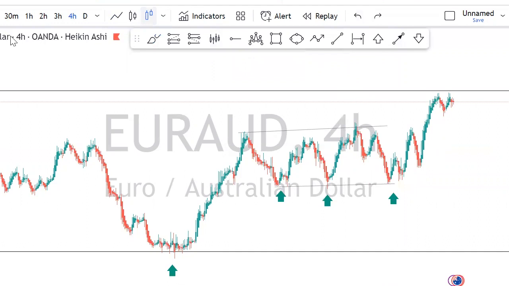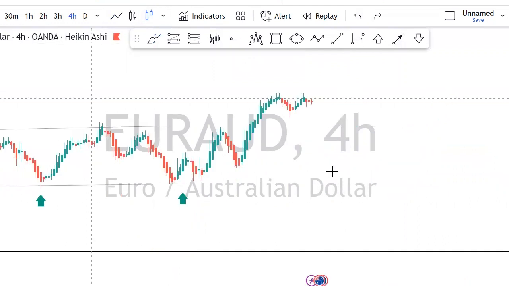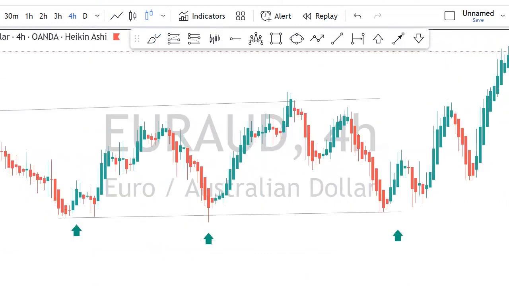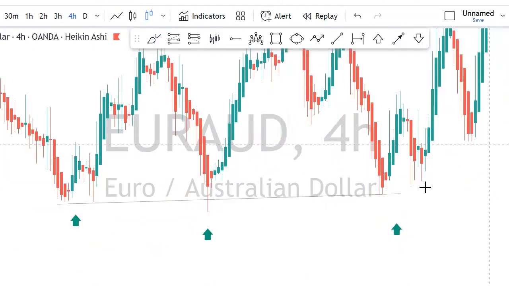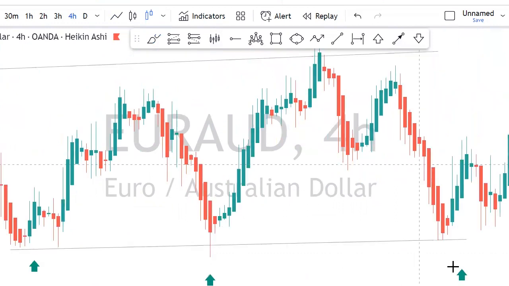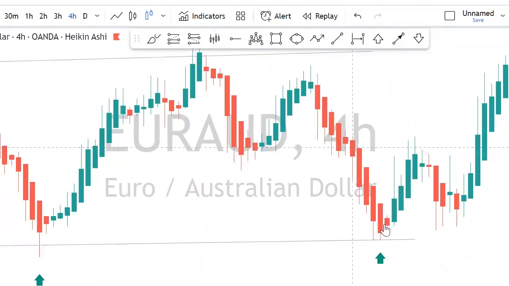So I'm just gonna scale down to the third touch and look at everything in great detail. As you can see, on its way to the third touch, the last bearish or red candlestick lost so much momentum compared to the previous ones.